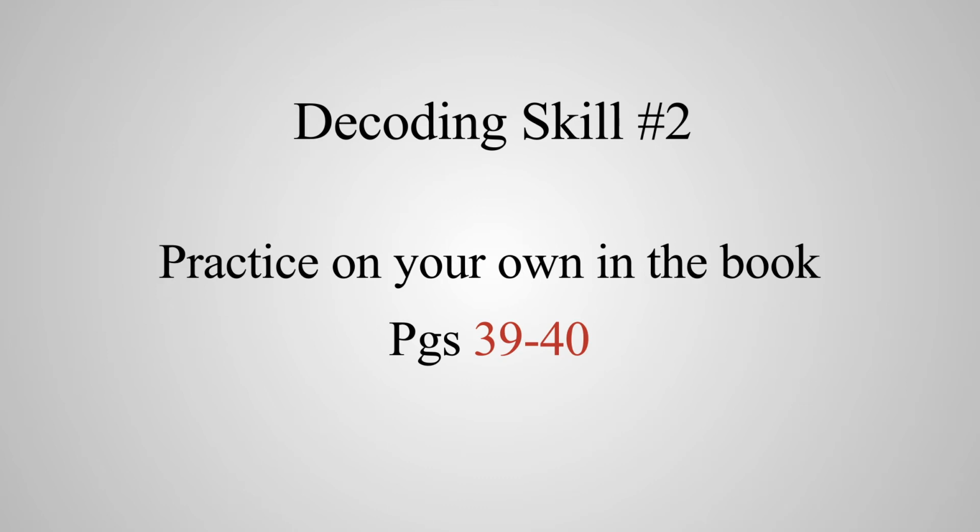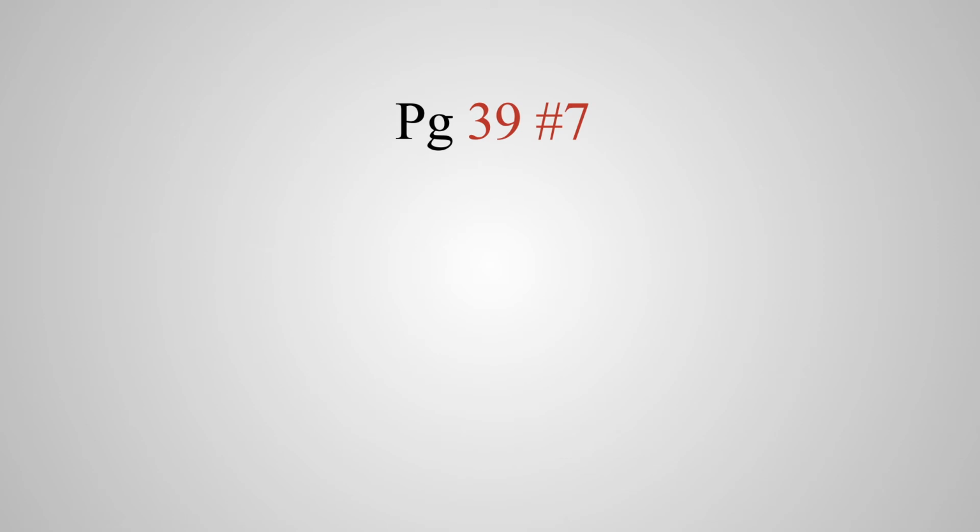Let me give you an example. Let's look at number 7 on page 39, all right? Remember, we are practicing decoding skill number 2. Indent is the word. Number 7, indent. Let's pretend you don't know that word.